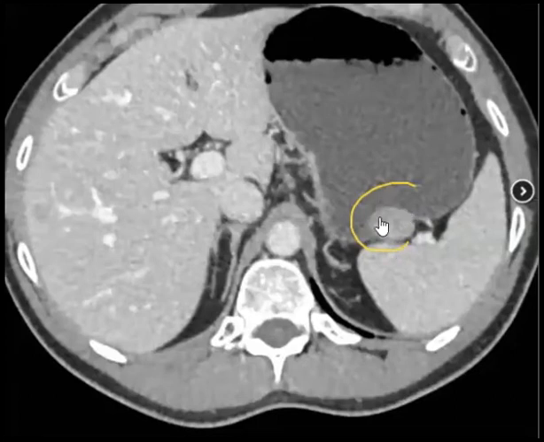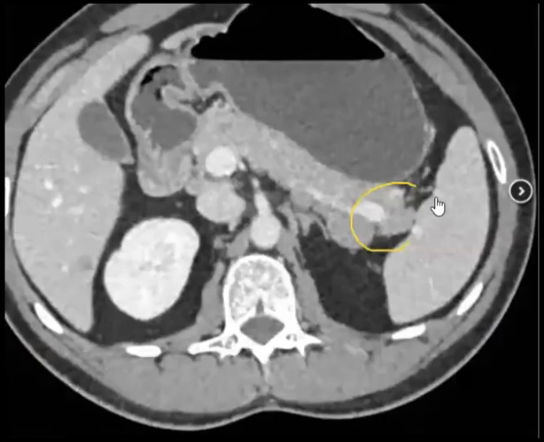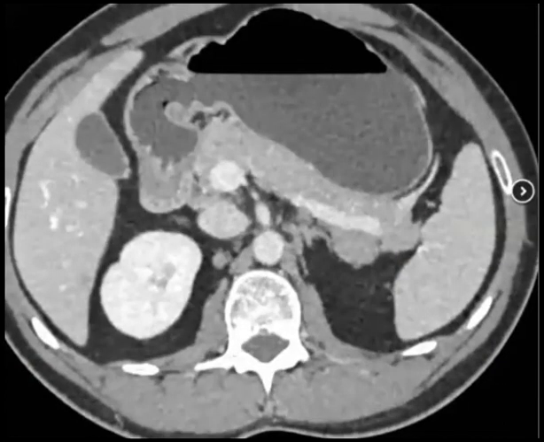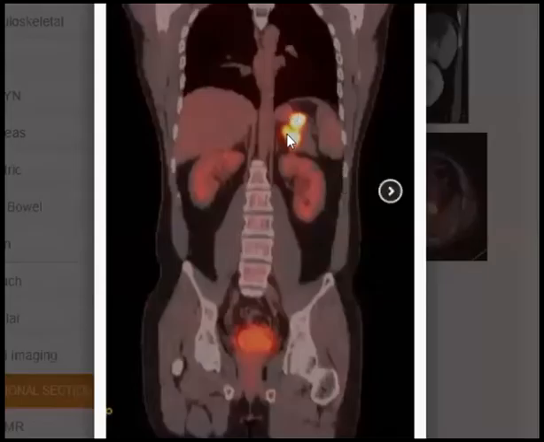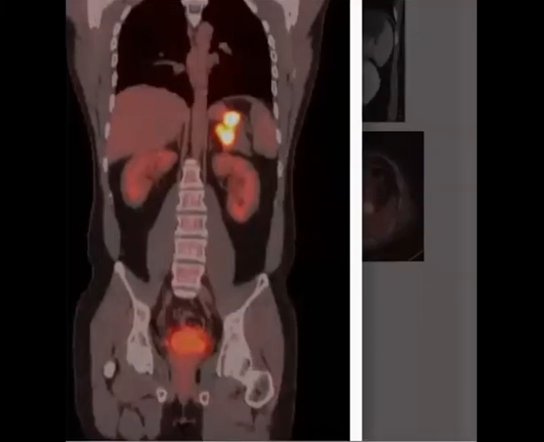Yeah, soft tissue nodular thickening, a soft tissue lesion in the wall of the stomach. One of the most important differentials will be GIST. Can you just remove that? Thank you. There is some extension beyond the stomach, but in the coronal image it is more obvious.